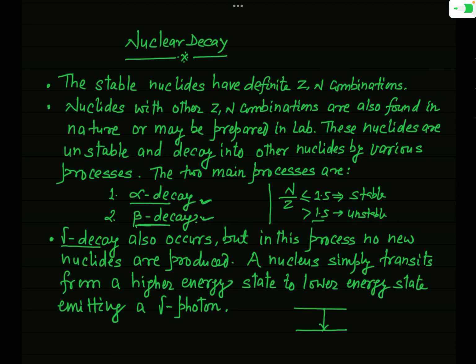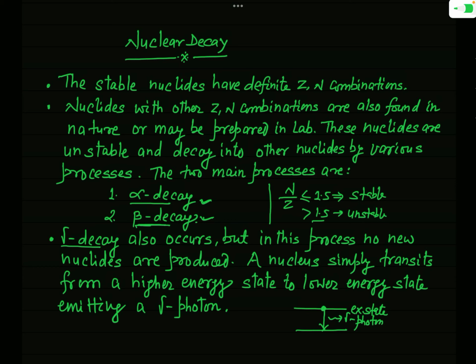If you consider that a nucleus is in an excited state, and this state has been obtained due to the gamma decay process or beta decay process, then this nucleus emits energy in the form of a gamma photon, and by releasing that amount of energy, the nucleus transits into a lower energy level.